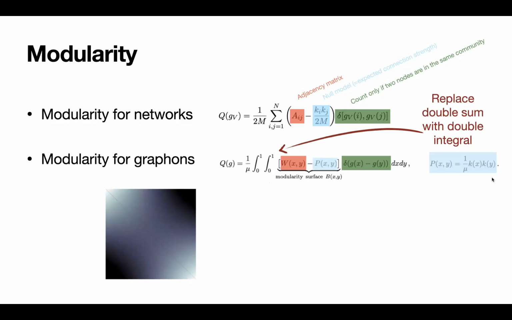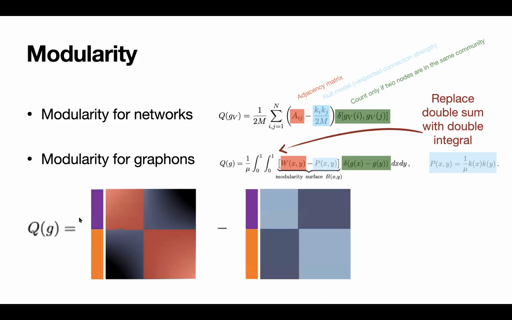We decided to use something close to the Newman-Girvan type null model: the degree of each node times the degree of the other node, divided by the total number of edges. So the picture we have in mind is, if you have some partition of your graphon, you integrate over those squares that are inside of each community.